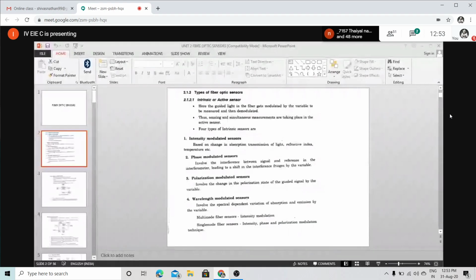Now, the next thing we are going to see is the advantages of these fiber optic sensors. Okay, I will put up a window before you so that you can easily understand things.